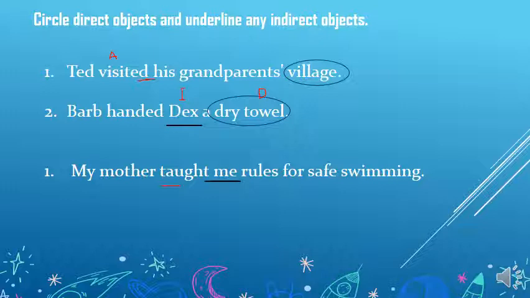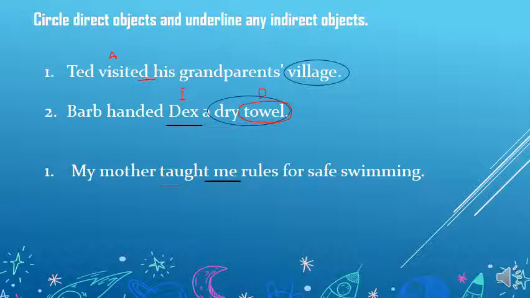Let's focus on the fact that it's only towel because this is the noun. And Dex is the indirect object. Barb handed a towel to Dex, so I can change it like this in my mind and find that I can add to before Dex, so Dex is the indirect object.